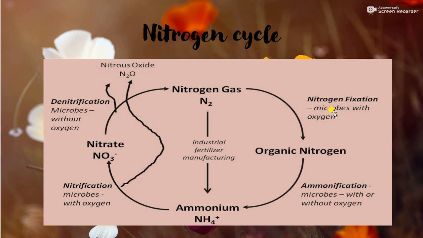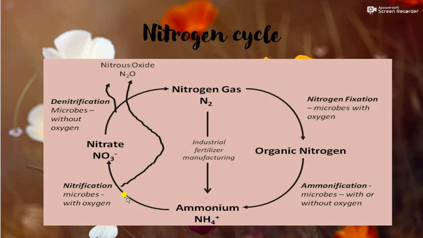So nitrogen gas, by means of nitrogen fixation, will be converted into organic nitrogen, and by the ammonification process it will be converted into ammonia. Or the nitrogen gas, by industrial ways, or by fertilizer manufacturing methods or industrial fixation methods, ammonium is also produced there.